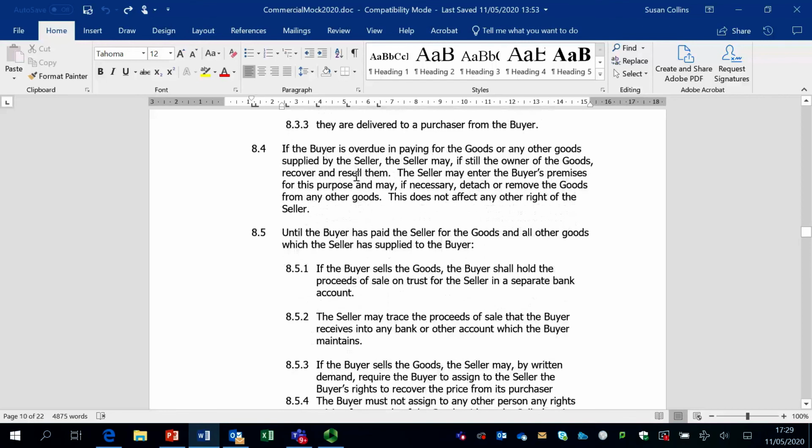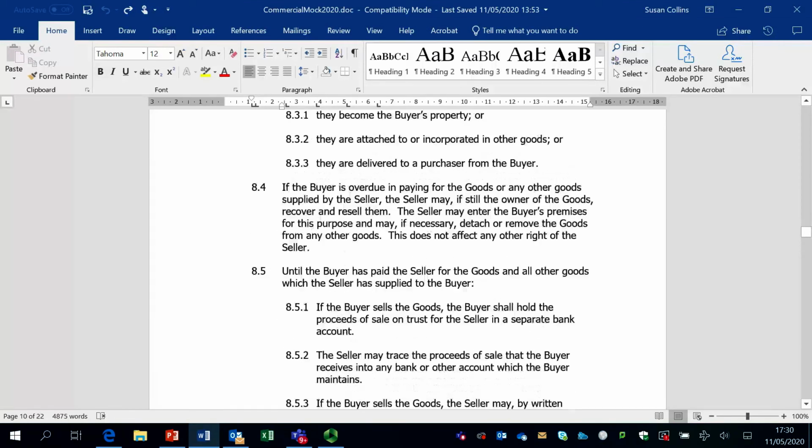Is it clear that they are our goods? But provided they are, and if they are detachable, then on the facts that seems likely. The leading case on that is Hendy Lennox, which again is mentioned in the note for Unit 1.